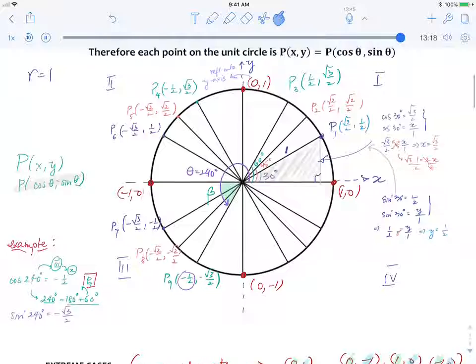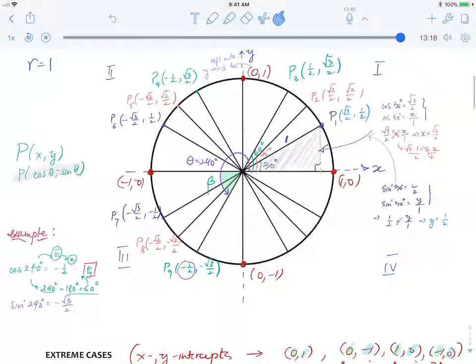So it's a fun little circle to play with.